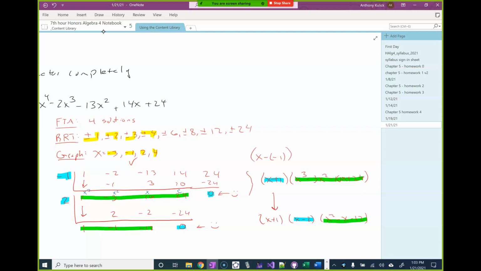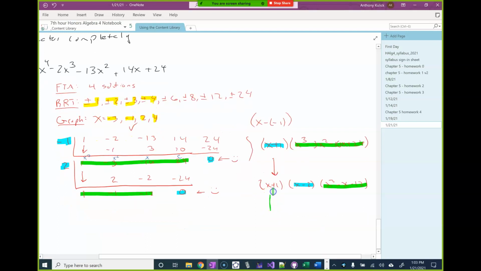Multiplies to give me -12, adds to give me -1. Thank you. And since all of those are linear, we know that's exactly what we get. Feel okay with that?